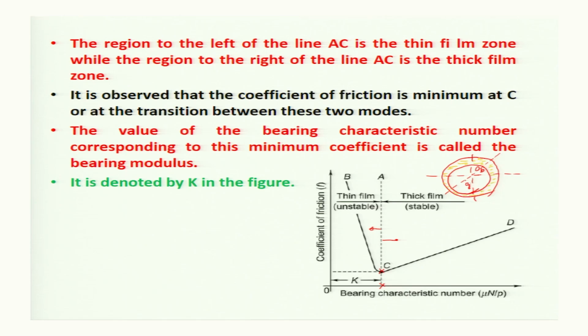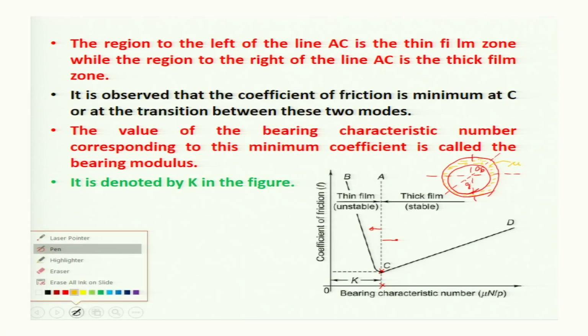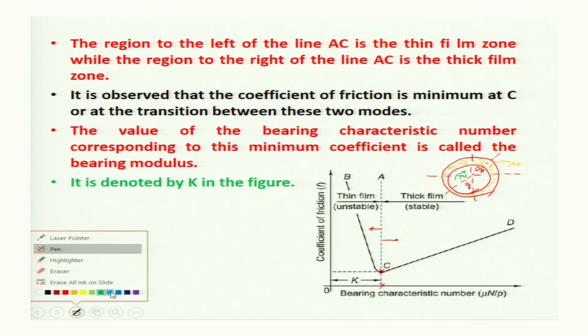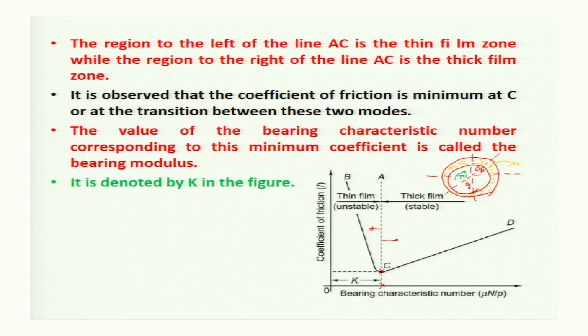This lubricant has viscosity given by mu, and your journal is rotating with a speed given by n, and on the journal the radial load which is acting is W.